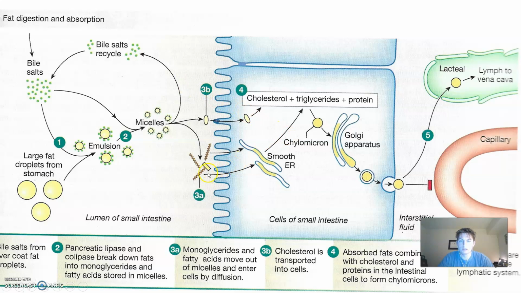Once these fats enter the enterocyte, they go directly to the smooth endoplasmic reticulum, where they form chylomicrons with cholesterol, triglycerides, and proteins. These chylomicrons are huge balls of fat and protein that must go to the Golgi apparatus and get a vesicle to form around them so that they can leave the cell via exocytosis.